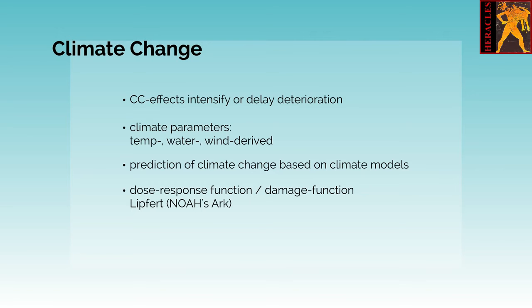Based on an inventory of cultural heritage, it is then possible to generate maps which show, for example, pollution concentrations, corrosivity, soiling, or threshold exceedances for the present as well as for possible future scenarios.